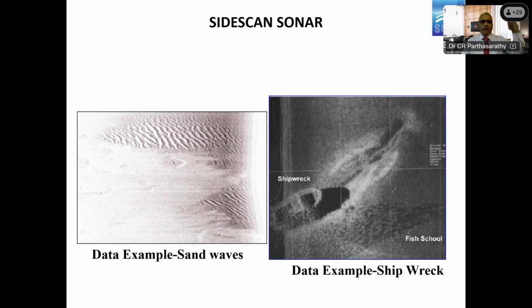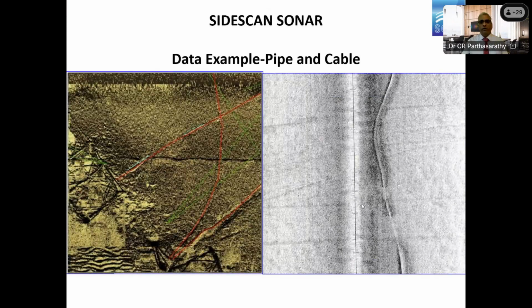And moreover, at locations where one of the legs is on top of a mound and the other leg is in a trough, that leads to instability of the rig. So this survey data will definitely guide us on the proper way of moving the rig to the locations. If there are any shipwrecks, the side scan sonar image will capture them, and they can be avoided. It can also give you information about the pipeline or the cables.